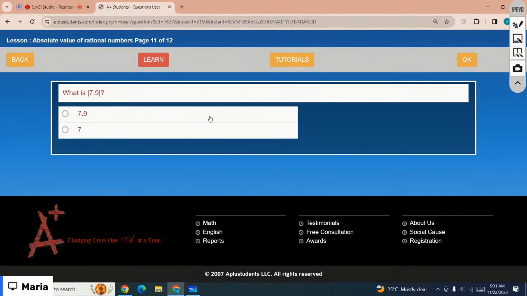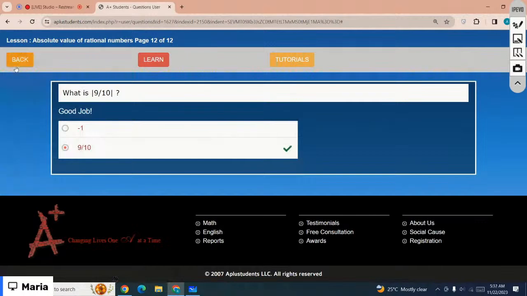Option number 1 is the correct option. What is the absolute value of 9 over 10? The correct option is 9 over 10, right? Okay, we're done with the lesson. Let's just move on to the next lesson.